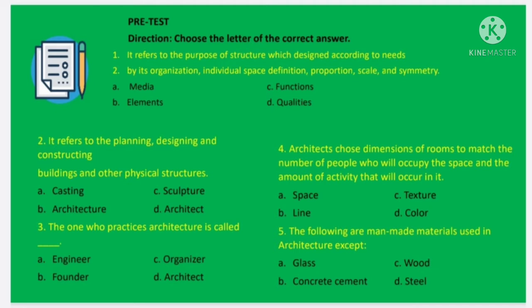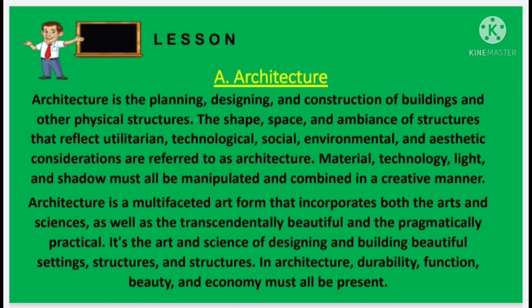B. Line. C. Texture. D. Color. Number 5. The following are man-made materials used in architecture, except A. Glass. B. Concrete cement. C. Wood. D. Steel. So our topic is all about architecture.